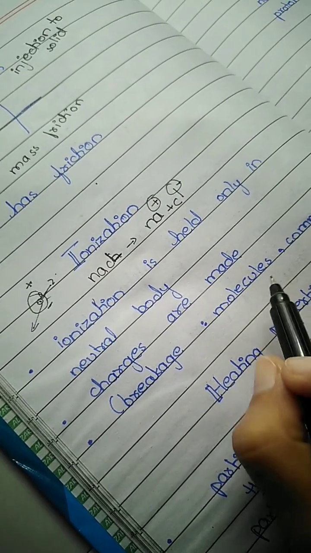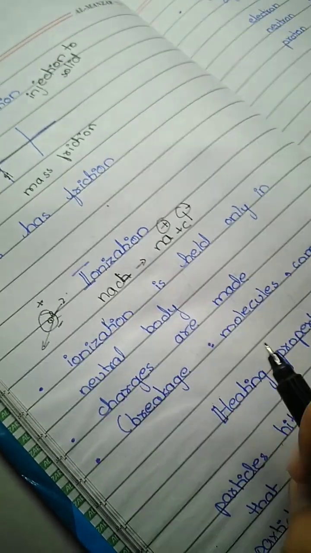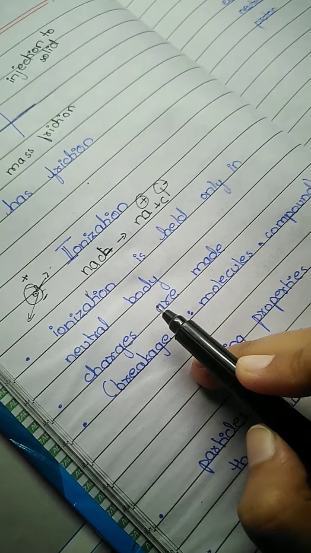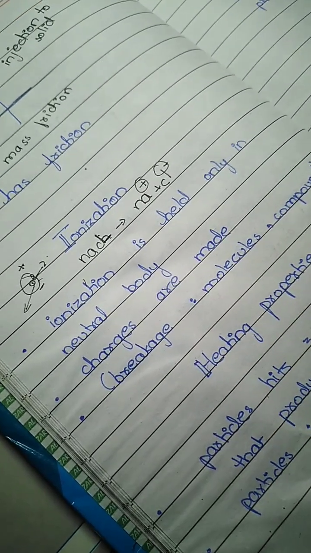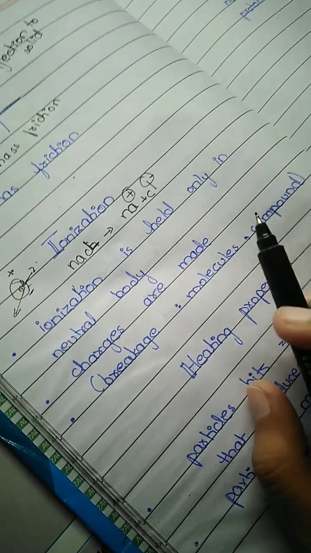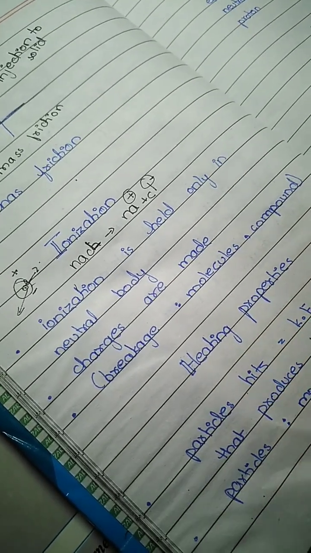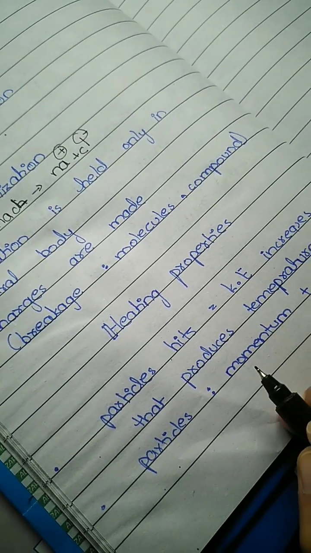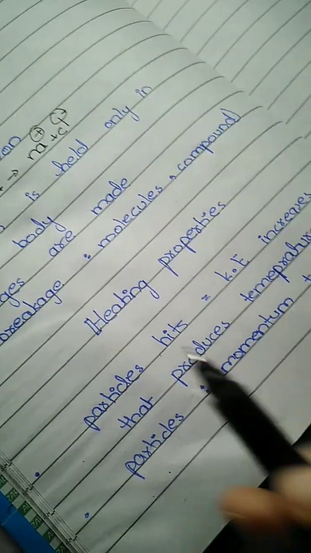Just like these molecules and compounds, these are neutral bodies. So we can say that ionization will help on the molecules, compounds and mixtures, just breakage of that. Now let's talk about the heating properties of these cathode or anode rays and the particles.